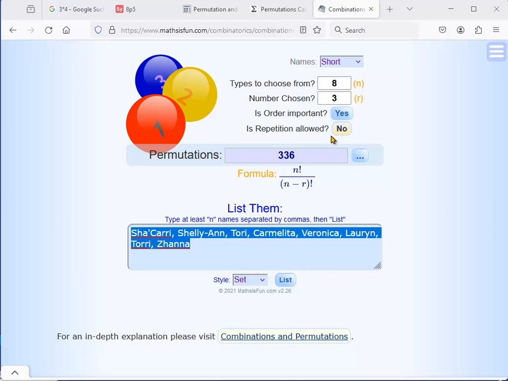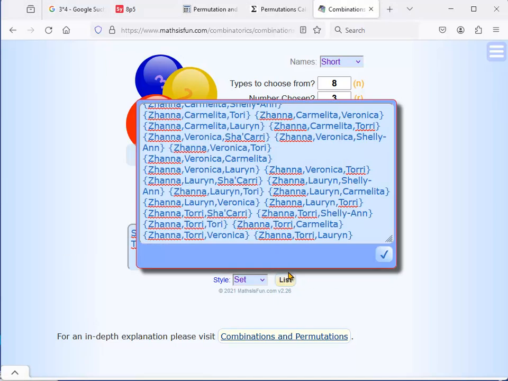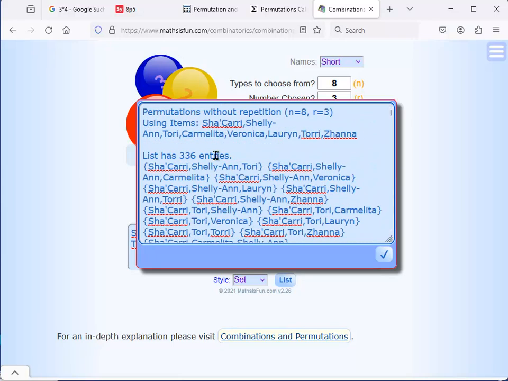So this one is pretty cool. It tells us there are 336 permutations, if they had run against each other, how they could have placed in the top 3. And it lists all of them. So there it is. I could say, okay, out of these 8, I pick 3, and this is how they could have had the gold, silver, and bronze. And there is the second combination, and here's the third permutation.